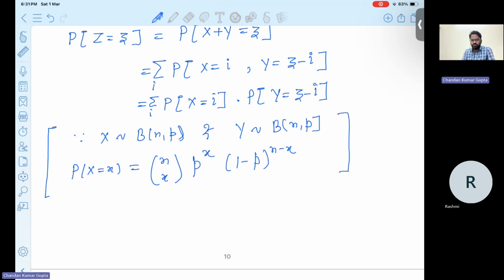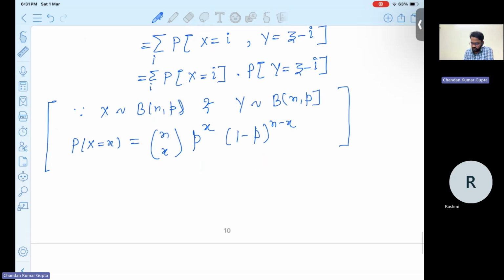This is the form of the binomial distribution, so we use this form here.